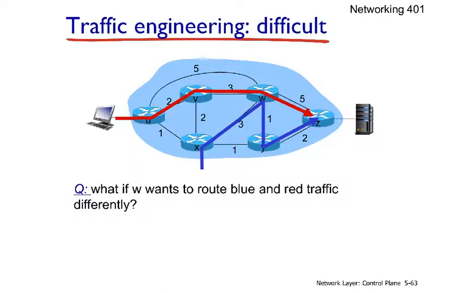So the critical point here is the node W. What if W wants to route the blue and red traffic in this way? The red traffic using this link and the blue traffic using this link. Is it possible to do it on traditional IP routing? Yes, no, and why? And how to do it using SDN?